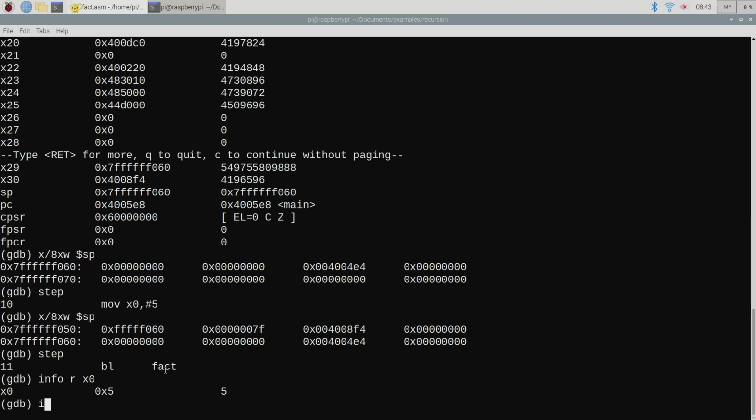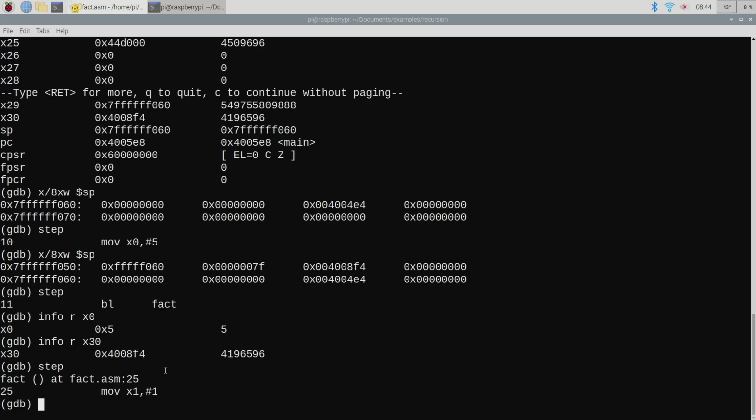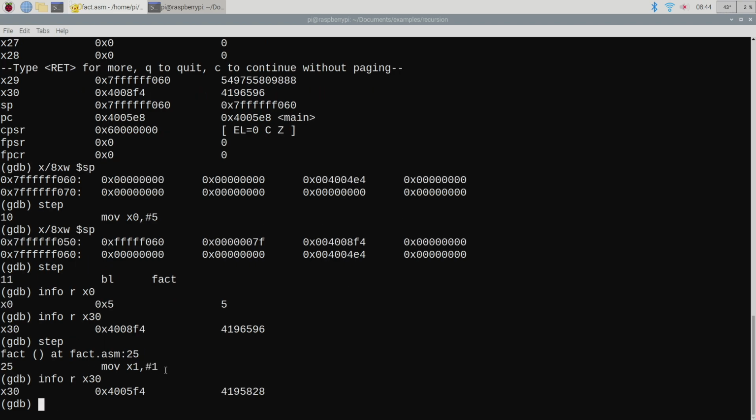So again, what is x30 right before I do this? Okay, 8f4, whatever. Immediately after I do that, so I've branched and linked to that routine, what is x30? 5f4.